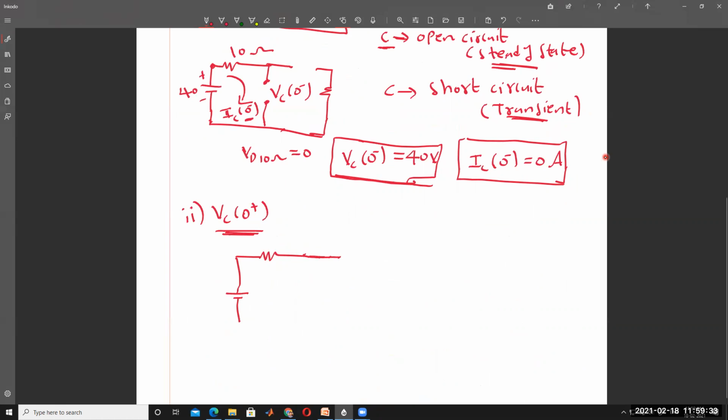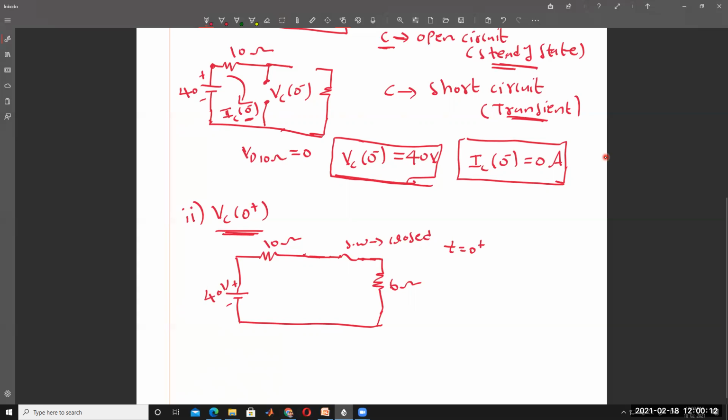What is the resistance here? 6 ohms, with the switch closed. And here, 10 ohm, and 40 volts. So at t equal to 0 plus, that is called transient condition.